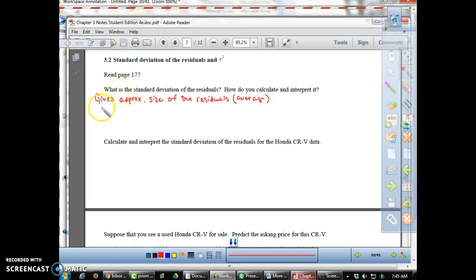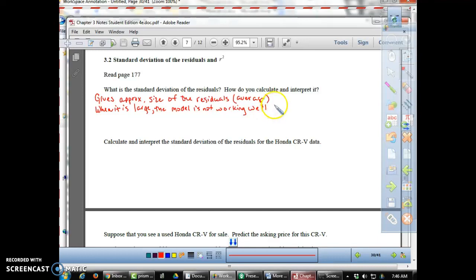And when it is large, it means the model is not working as well, or it's not working well.